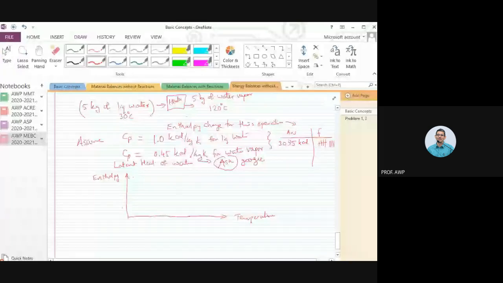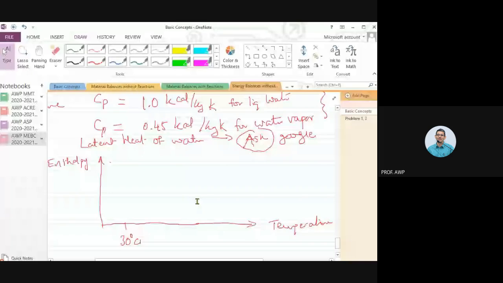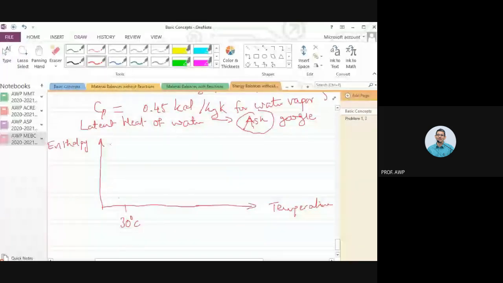So suppose I start here, at 30 degrees centigrade, and I put my point somewhere here on the enthalpy axis. This is 5 kgs of liquid water.